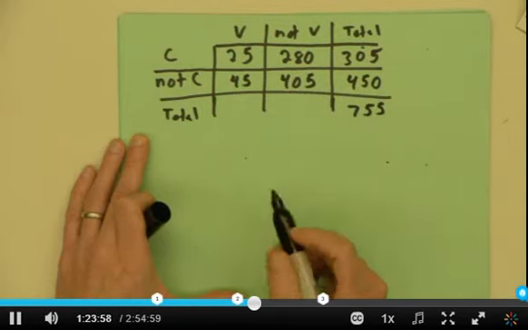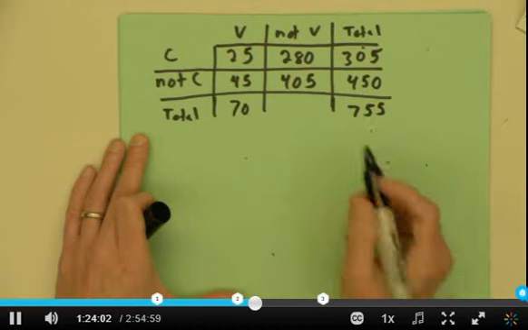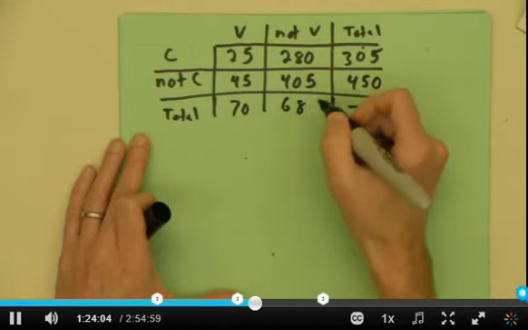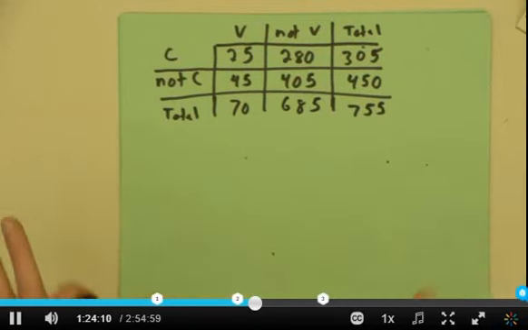I should be able to add these, but I don't like doing that in my head, especially with an audience, and especially when there's a digital record of it. There we go. So this is the same contingency table. I'm just summarizing it a little bit cleaner.